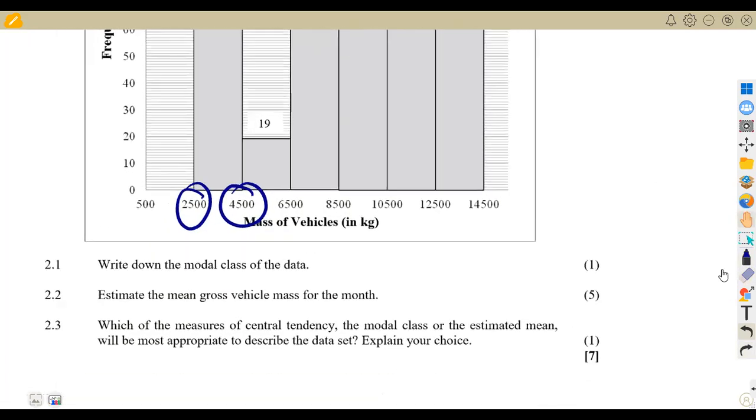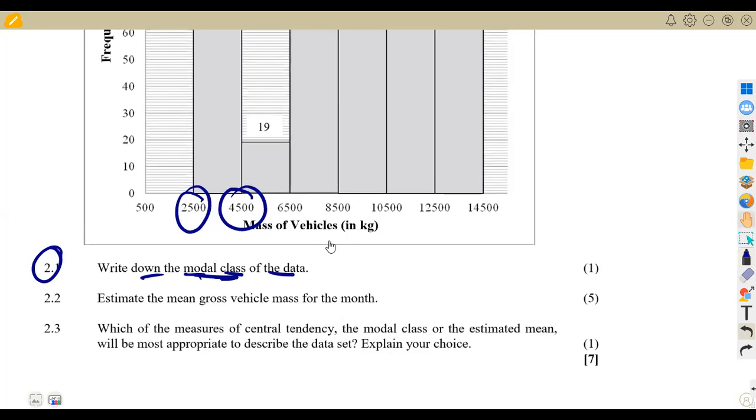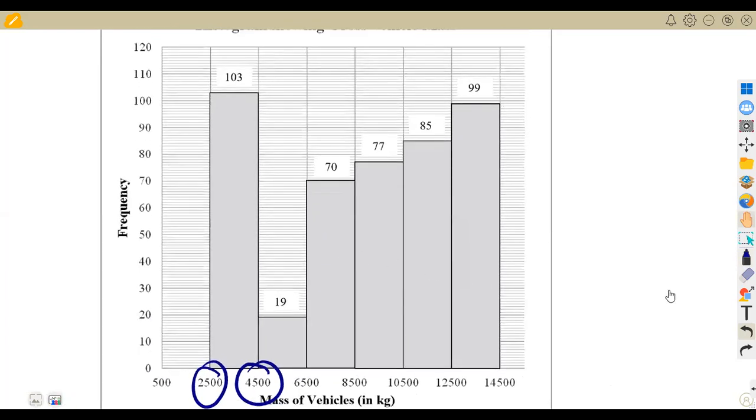How are they given here? The first question was, write down the modal class of the data. They are not saying write down the mode. No, it's a class. When you deal with grouped information, you talk of a class from this point to this point. So we're supposed to write the modal class, the one that has the highest frequency. Which class corresponds to the highest frequency?